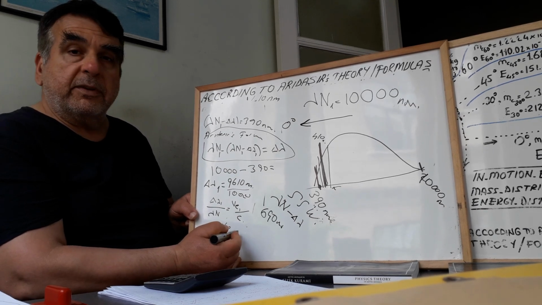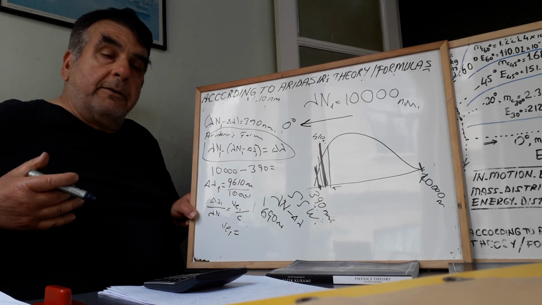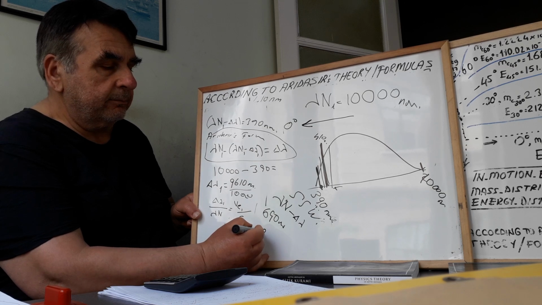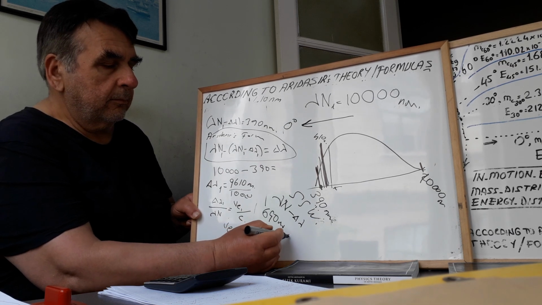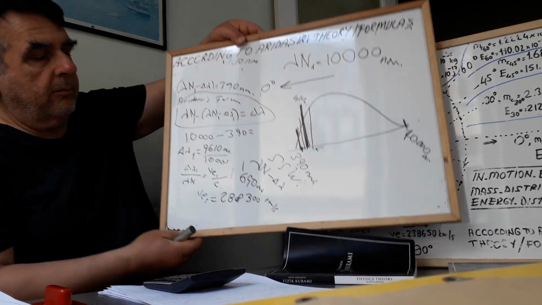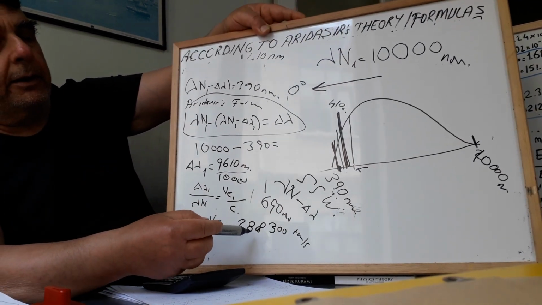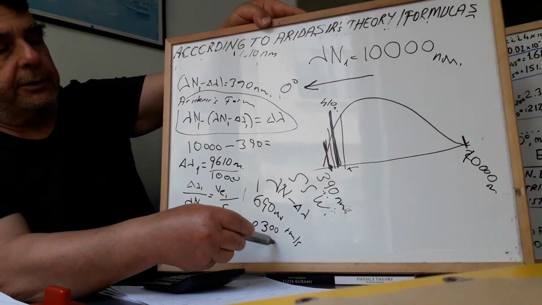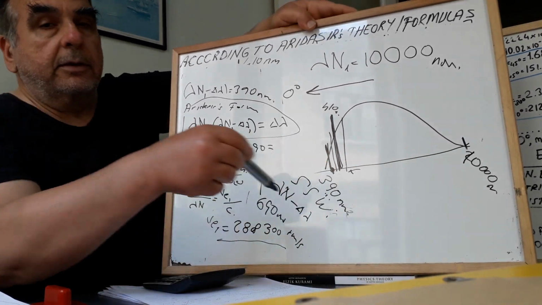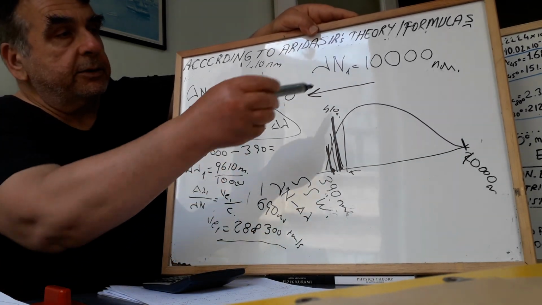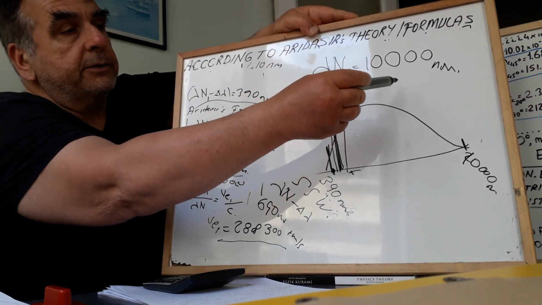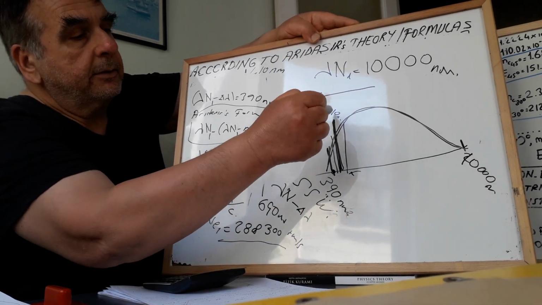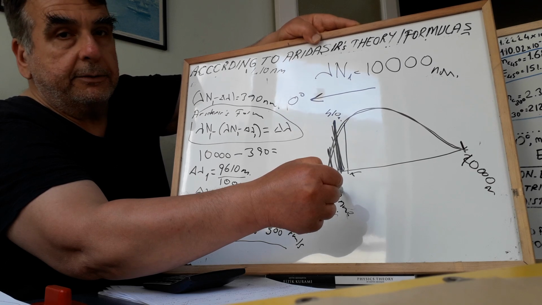Electron motion form needs gaining near the speed of light, 288,300 kilometer per second. Certain velocity, electron motion form, that is 10,000 nanometer wavelength size here. This is its graph, okay.